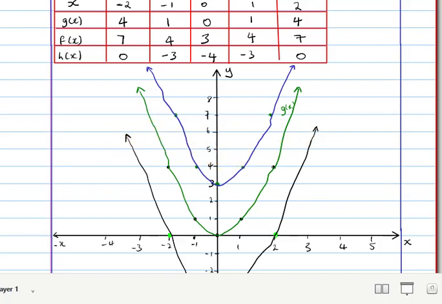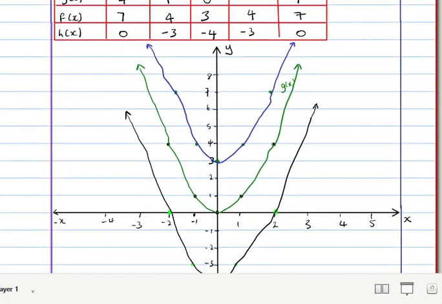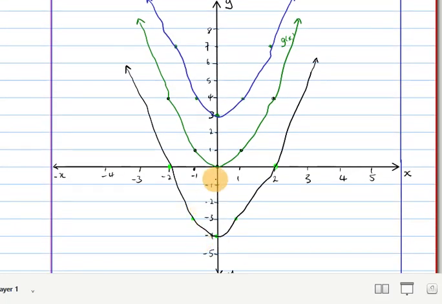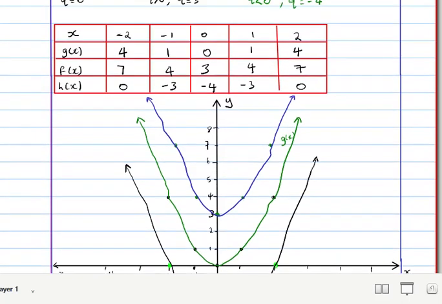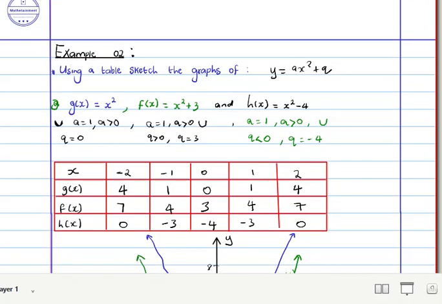So if you look carefully here, the only difference is that in this one the value of Q was 0, meaning the graph was at the origin. In this one, the value of Q was 3, which means the graph was shifted 3 units upward. In this one, the value of Q was -4, meaning the graph was shifted 4 units downward. But it's the very same graph that keeps shifting along the vertical line.